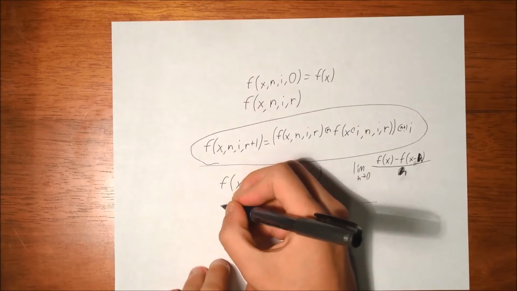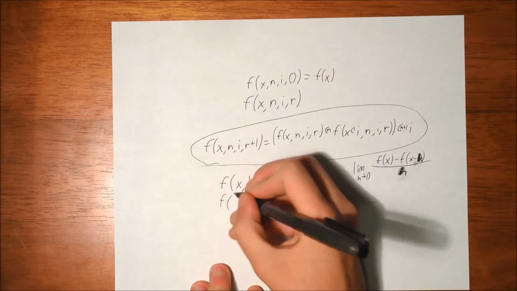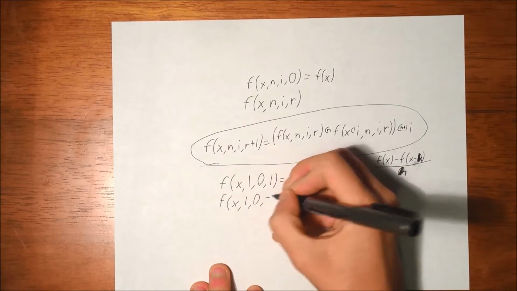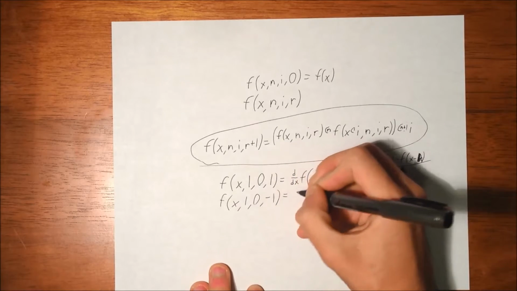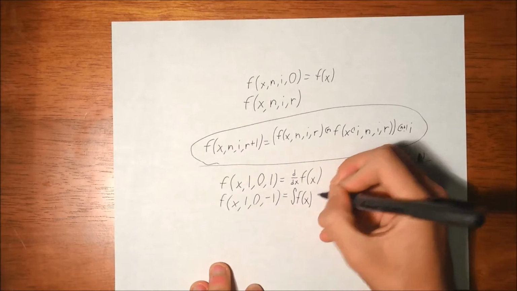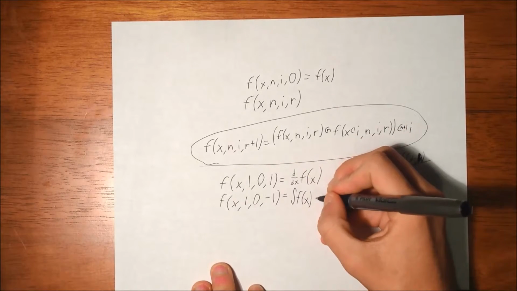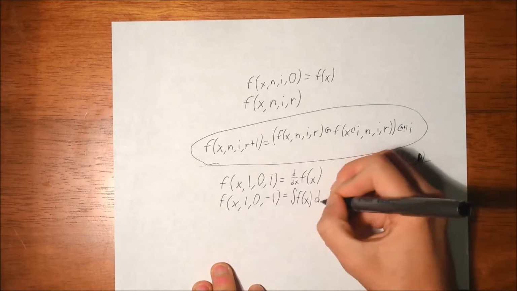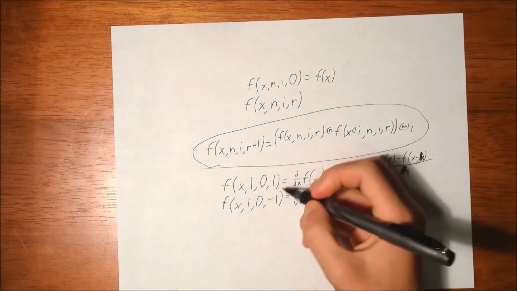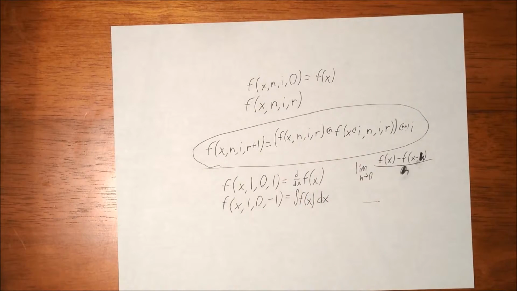Now, you can also go backwards, which instead of a 1 repetition, a negative 1 repetition is the antiderivative, or indefinite integral, of f of x dx. And then that's with a different number of repetitions.